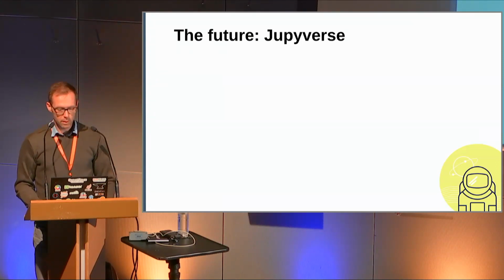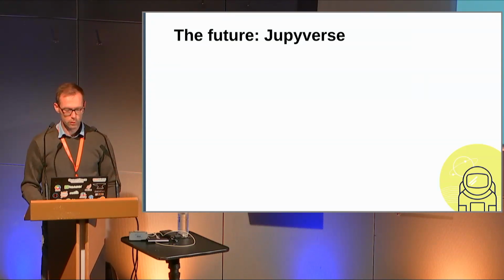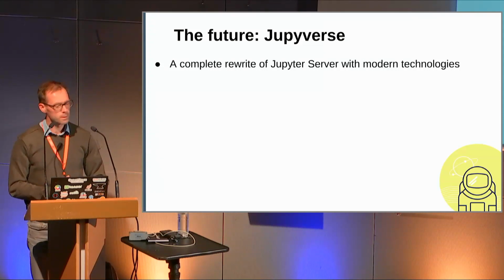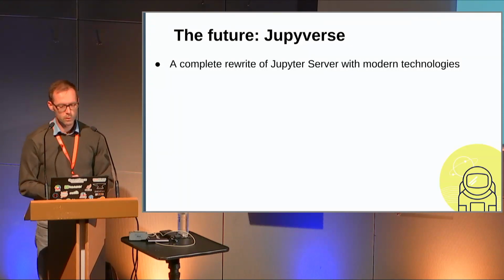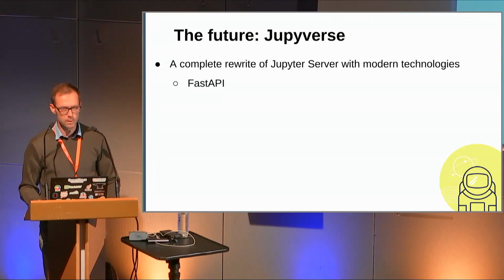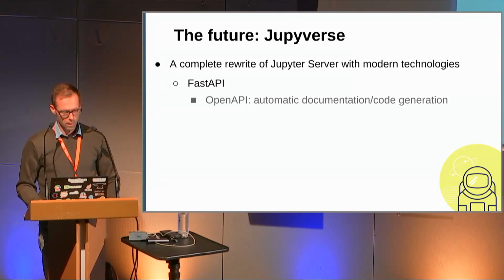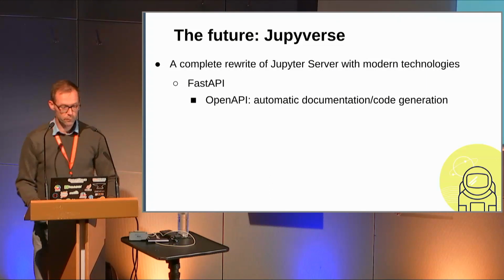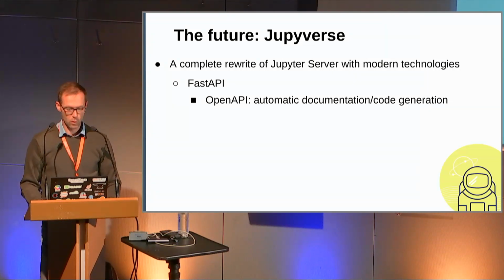One of the ways this could happen is through JupyterVerse. JupyterVerse is a complete rewrite of Jupyter Server with modern technologies, especially FastAPI. As I said, Jupyter Server uses Tornado, which is not an abandoned project, but let's say it's not really well maintained anymore. With FastAPI comes a lot of advantages, like OpenAPI.